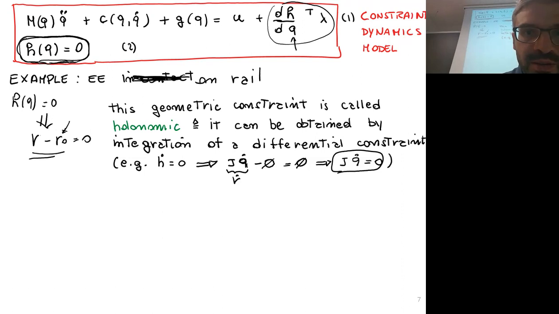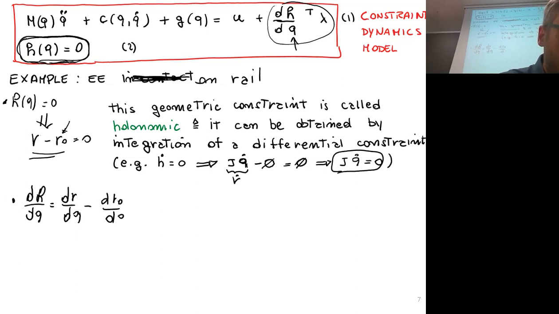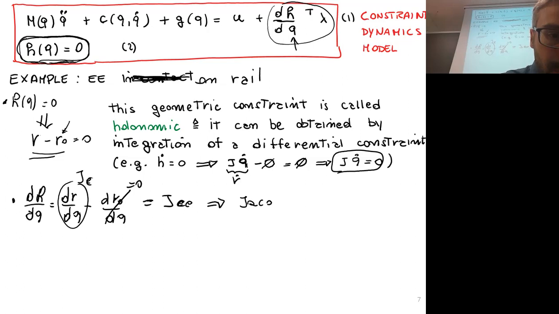And the second thing we need is this partial derivative, which has only dependency on q, so we can put a differential dr dq minus dr0 dq, where r0 is constant, with no dependency on q. Therefore, this is just the Jacobian of the end effector on the rail, in our example.